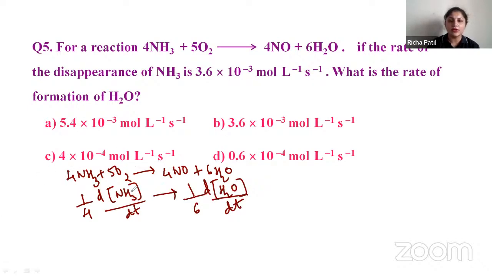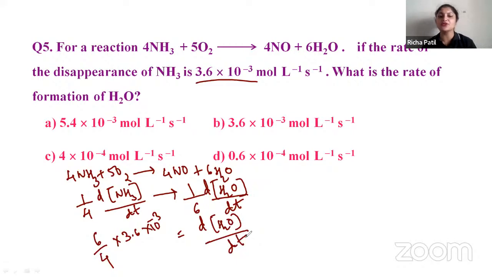Then what? Just transfer this. Transfer the 6 here. So it will be 6 by 4. What is the value given for NH3? It is 3.6 times 10 raised to minus 3, equals d of H2O by dt. You have to find the rate of formation of H2O.